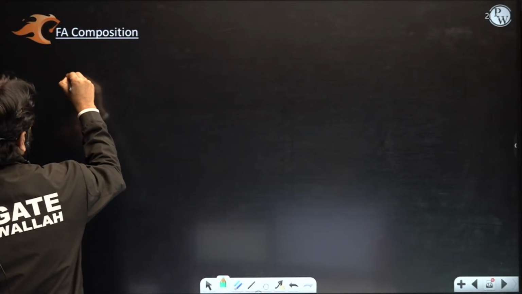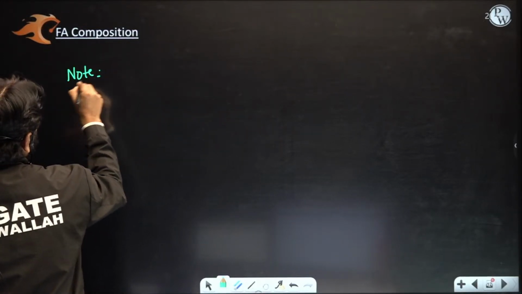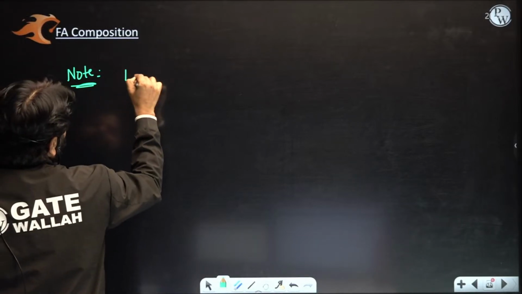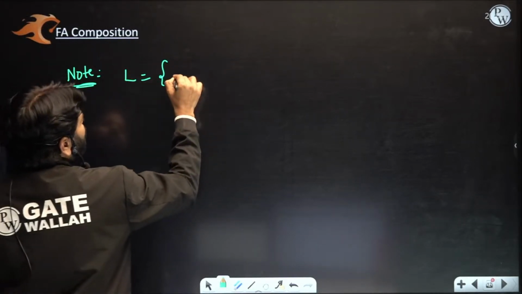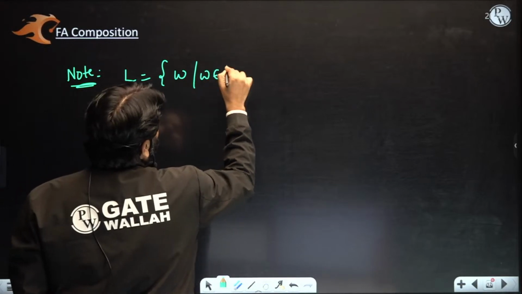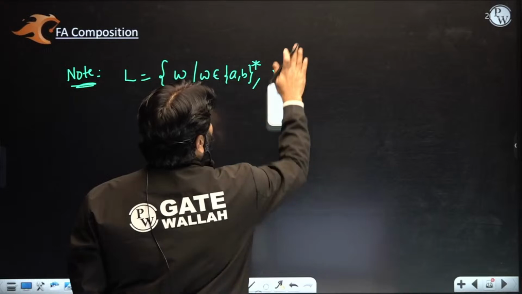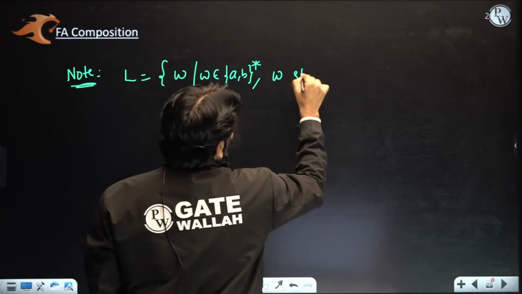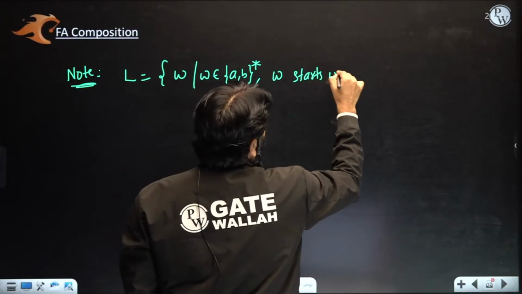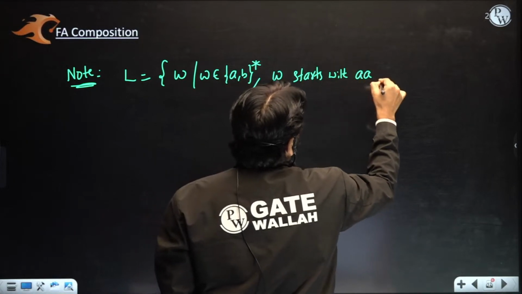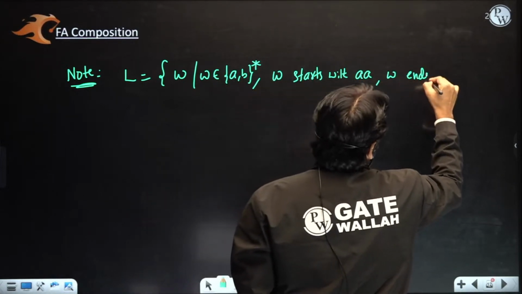I'll give a hint on when you should not apply this formula. Suppose you have a question, L is equal to W such that W belongs to {A, B}*, and W starts with AA and W ends with BB.